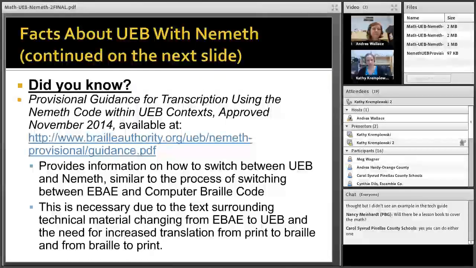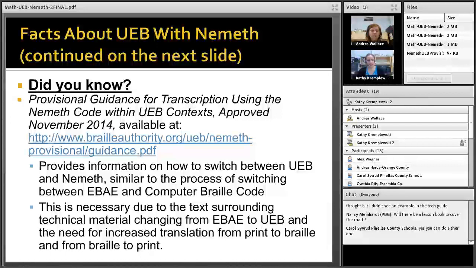There is the provisional guidance for transcription using the Nemeth Code within UEB contexts that was approved in November 2014. It's available at that website. We also have it here in the file box for download, in case you want to download it now, or you can use that link within the PDF or PowerPoint. A lot of the material in here is taken directly from this provisional guidance.